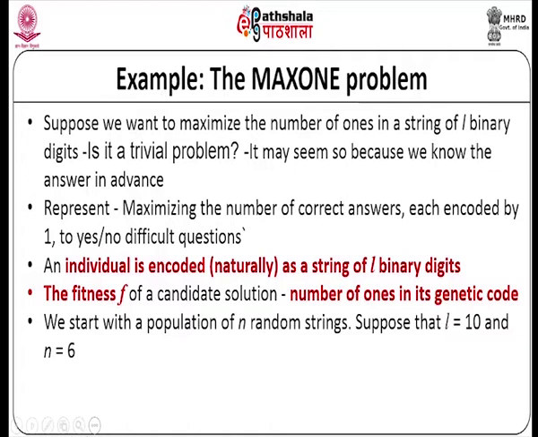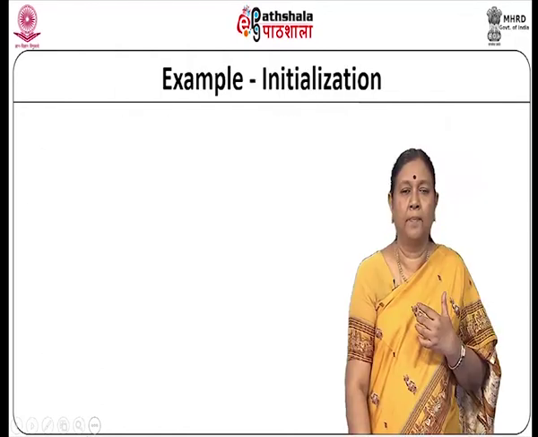Suppose L is equal to 10, the number of binary digits, and N is equal to 6. Six is very few, but just to illustrate the example, the 6 are generated randomly.